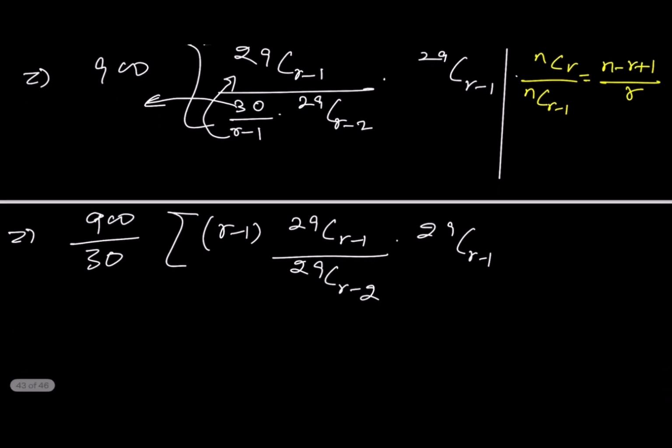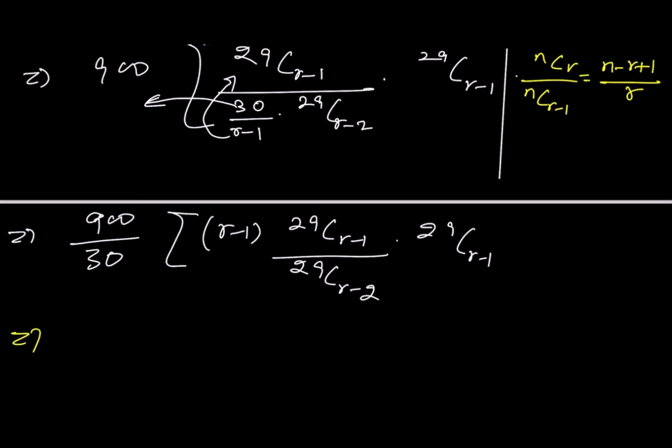The same is the case here: n is the same for numerator and denominator, 29, but for r there is a difference of 1. The numerator has r minus 1 and the denominator has r minus 2.